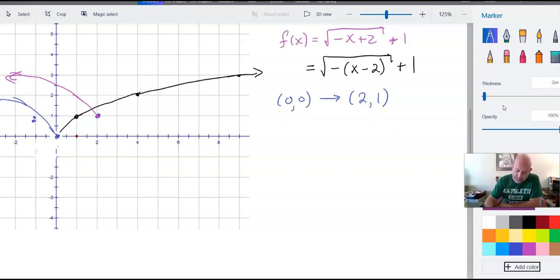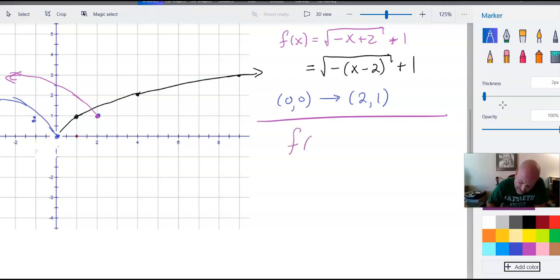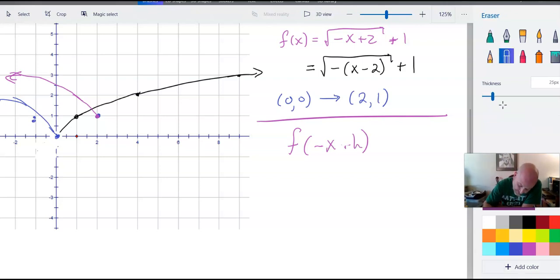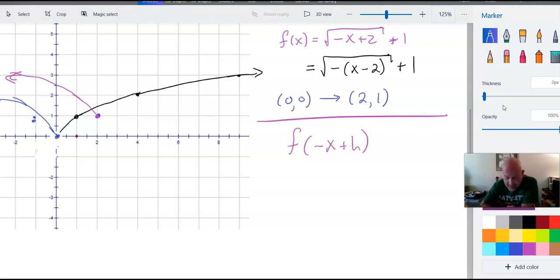Okay, now the thing I wanted to point out to you is that anytime you have a function like this, whenever you have f of negative x plus h, whatever's inside of that function, whether it be a cubed function, a squared function, an absolute value function, no matter what it is, you can't actually find the value of h until you pull the negative out of that whole term.